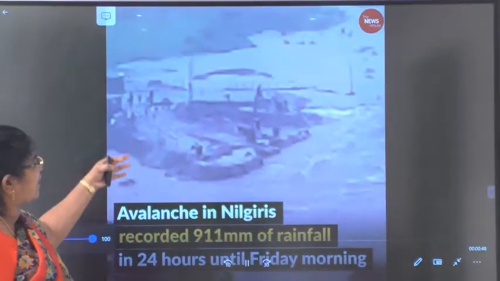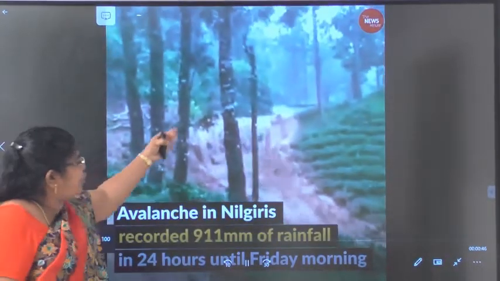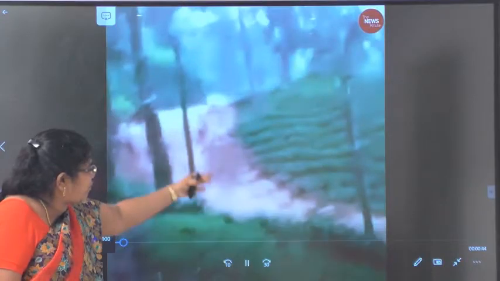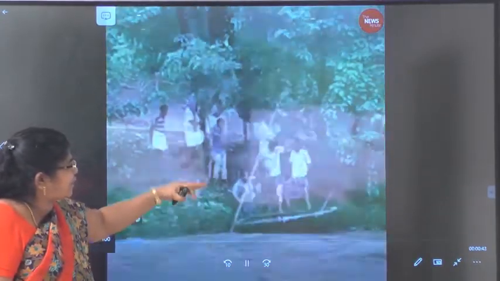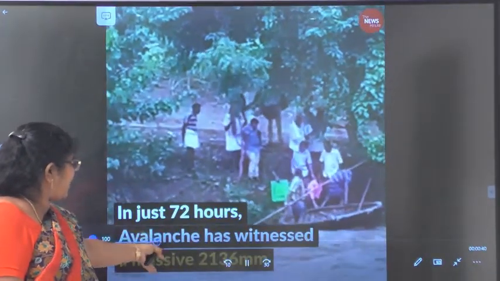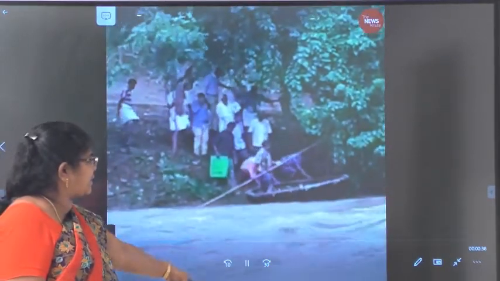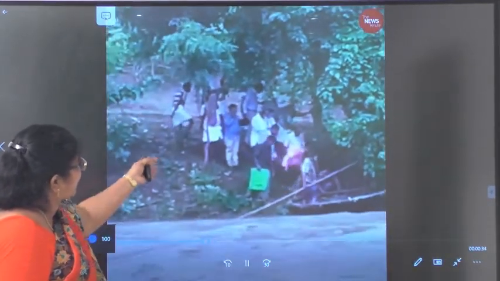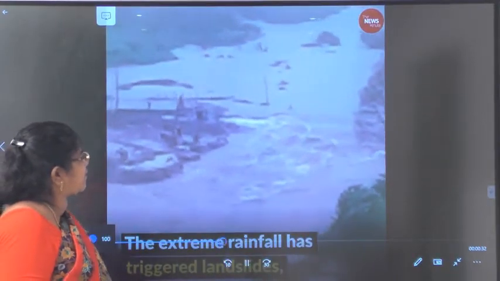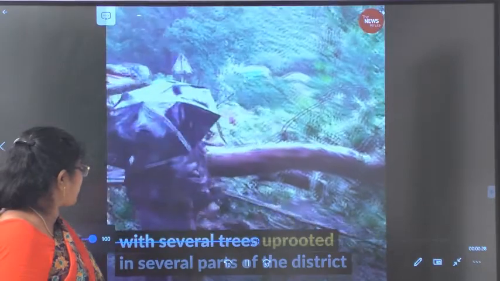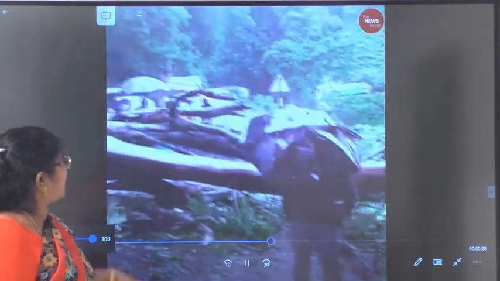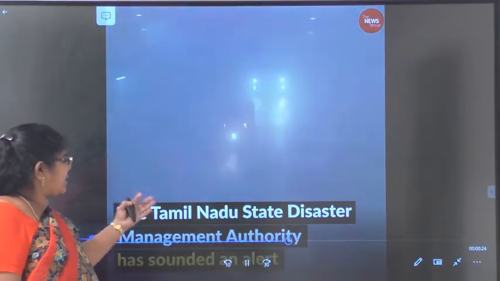Here is an avalanche in an area due to heavy rain. You can see the muddy water; I told you that clear water will turn muddy. Here they recorded rainfall of 21.36 centimeters and 203.6 centimeters, and they are moving people from one place to another with the help of boats. Several trees were uprooted in several parts of the district in Tamil Nadu state.